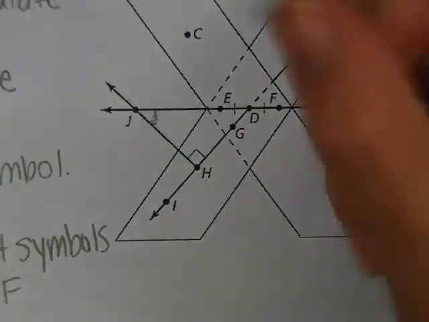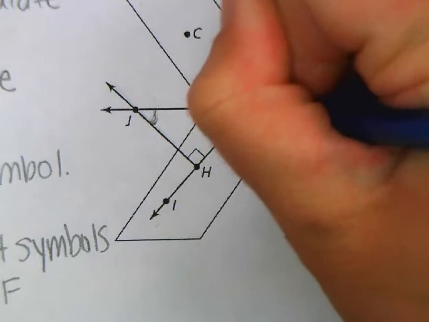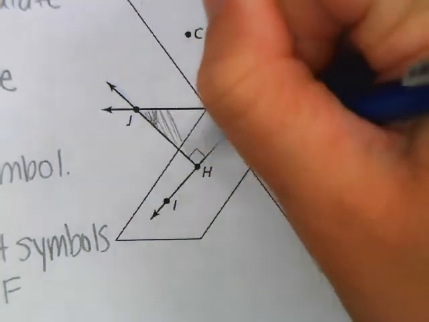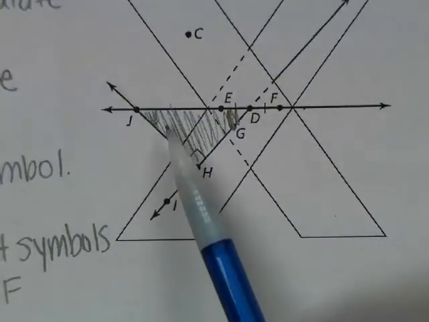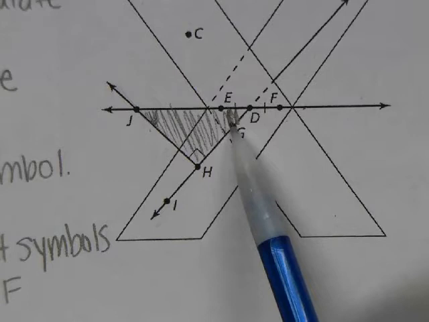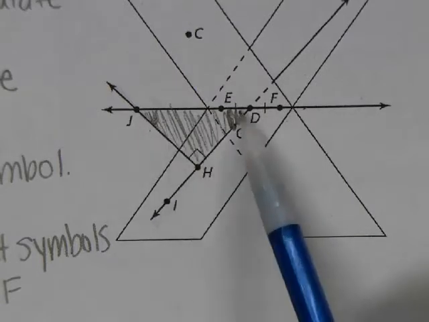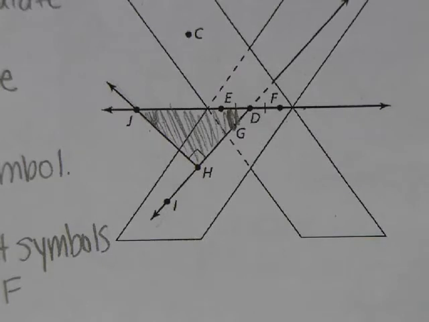And HDJ. So it's almost like we're looking at this right triangle here. So are you able to conclude that HJD and angle HDJ are complementary? Can you assume that they add up to 90 degrees? And believe it or not, the answer is yes.